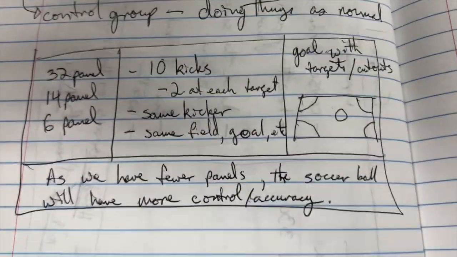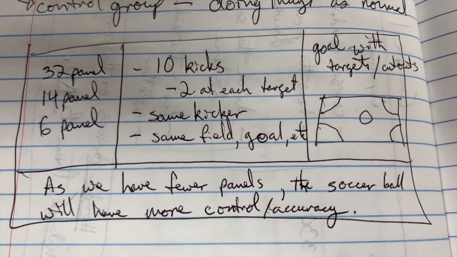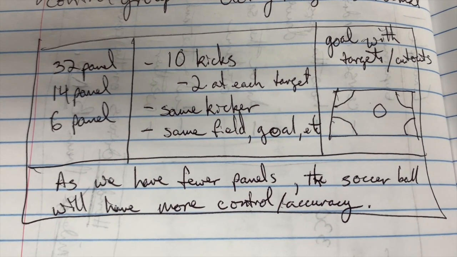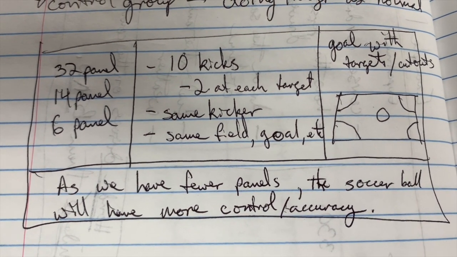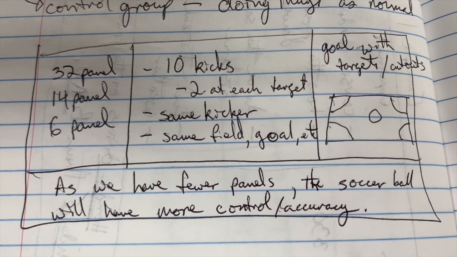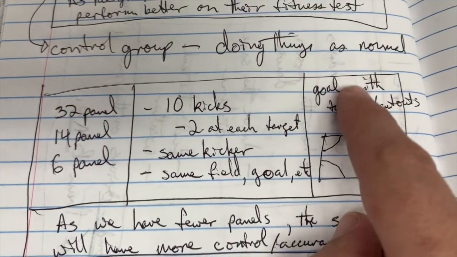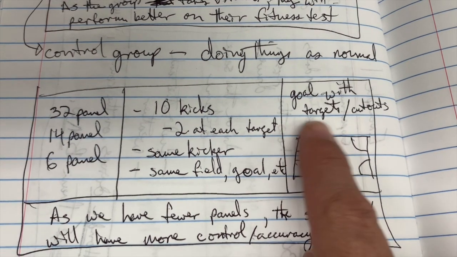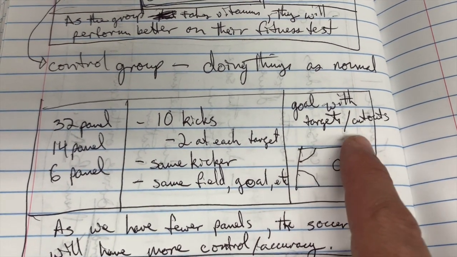Okay, this is what I came up with. It's just a design. There's no way to know if it's correct or not because I'm not a soccer expert. So 32 panels, 14 panels, and 6 panels were the 3 different soccer balls we were going to test. Skipping over here to the dependent variable, I decided to go with a goal with targets or cutouts.